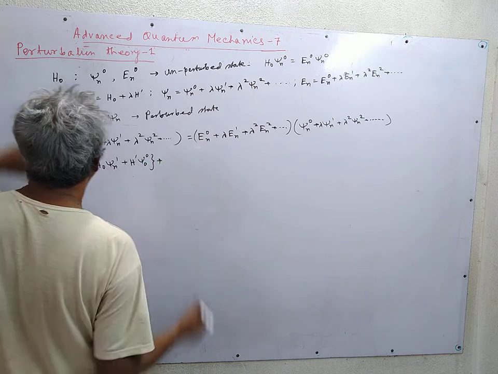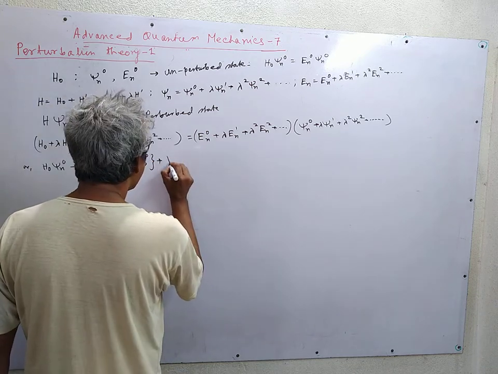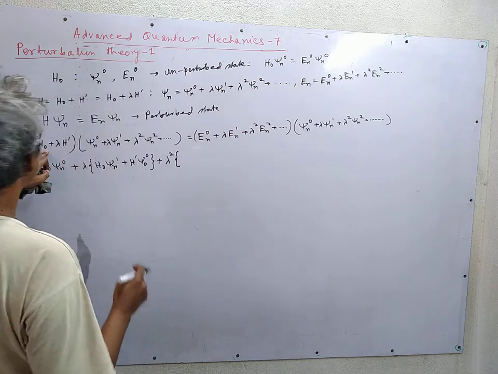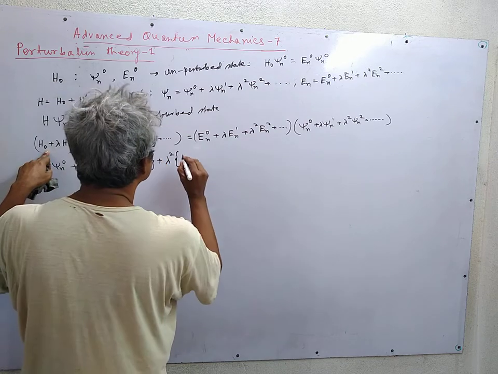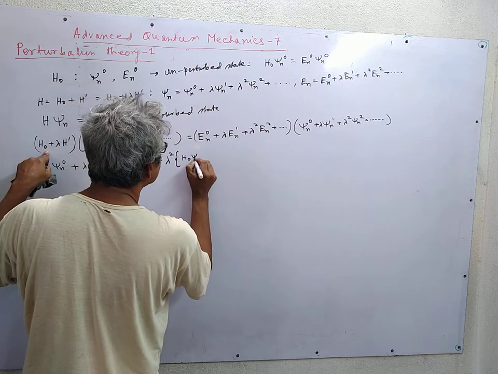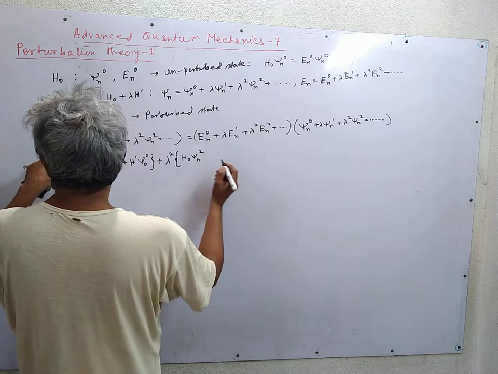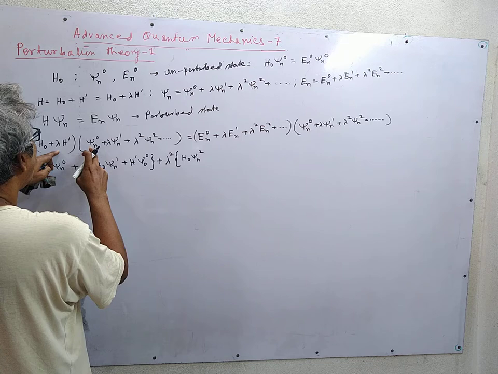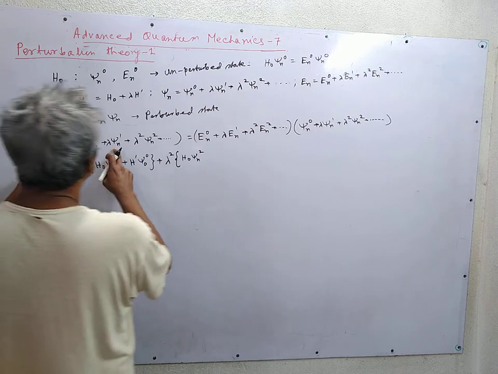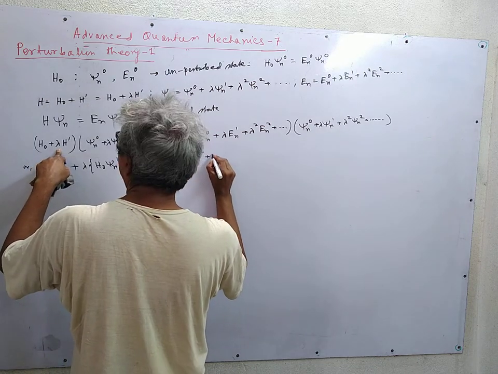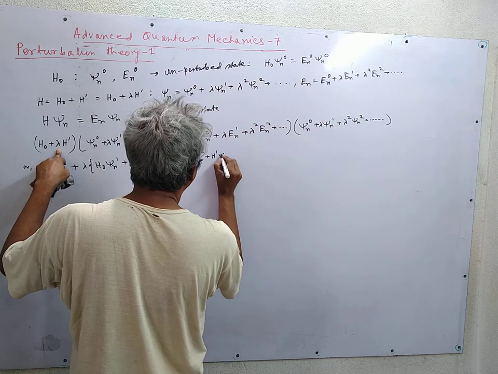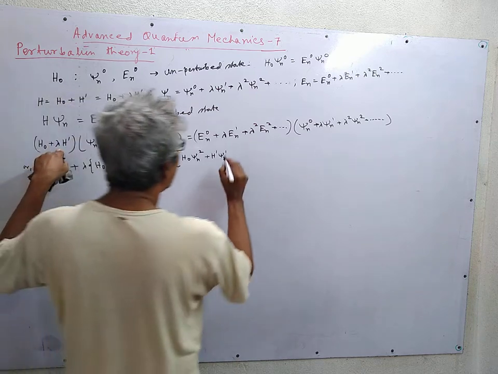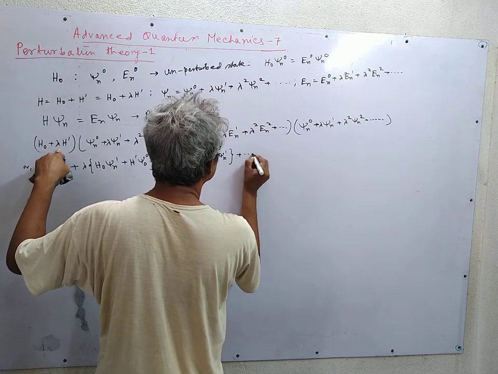Then we have the lambda square term. Lambda square may appear when H0 operates on psi n2, then H prime operating on psi n1, and similarly higher order terms.